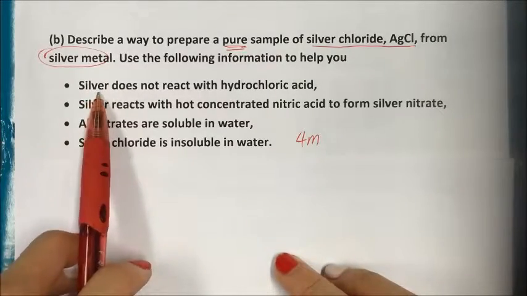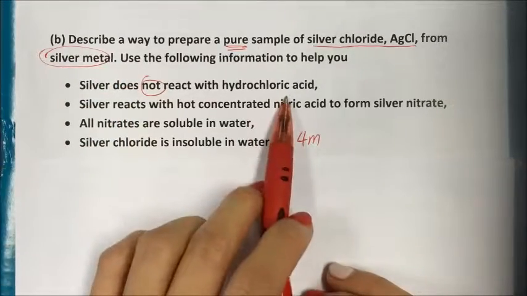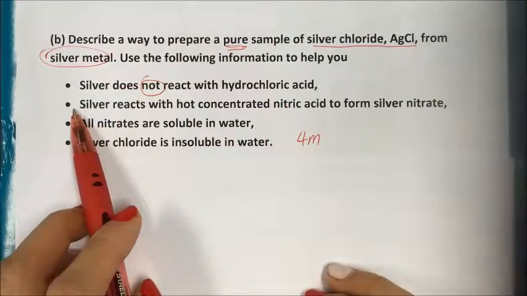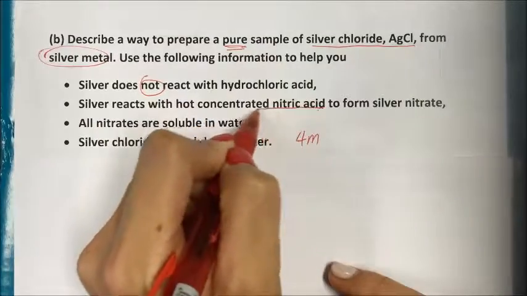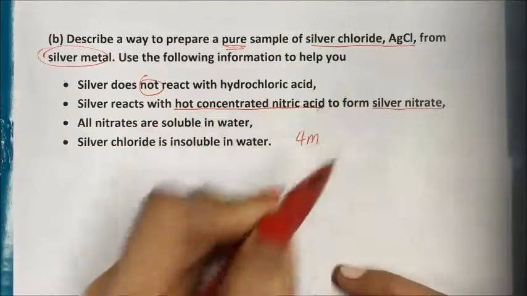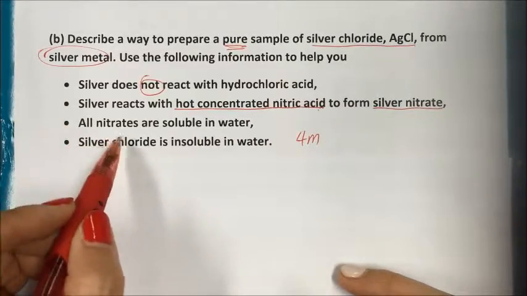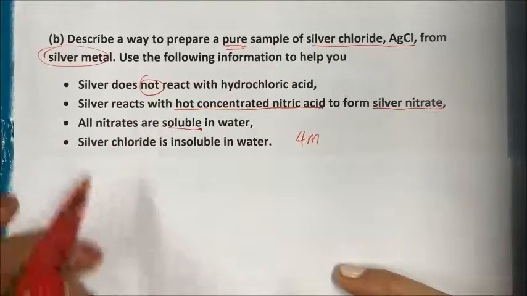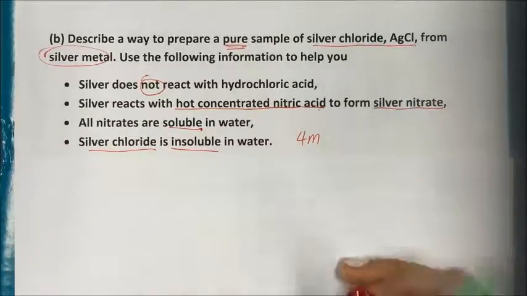The first clue is that silver does not react with hydrochloric acid. Second clue is that silver reacts with hot concentrated nitric acid to form silver nitrate. The third point, they also tell you that all nitrates are soluble in water. And the fourth point, they're telling you that silver chloride is insoluble in water.